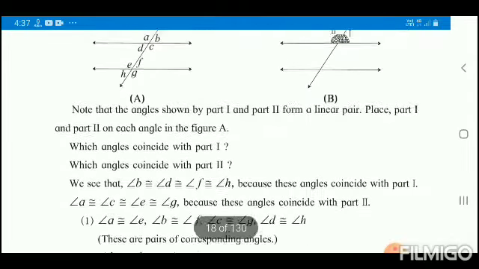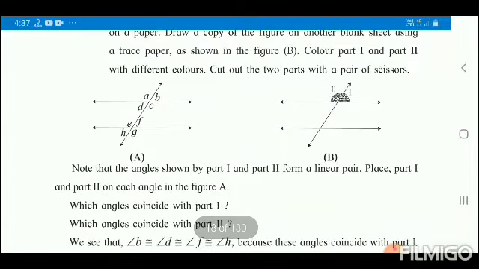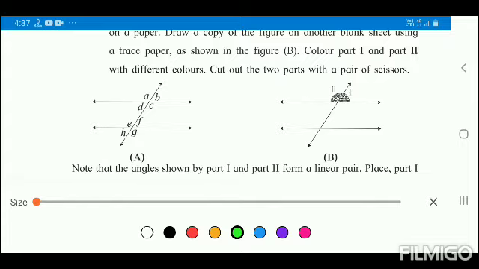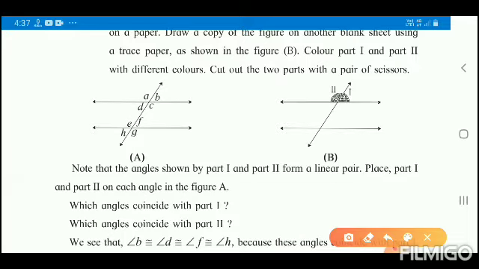Now, in my previous video, I told you about the pairs of corresponding angles, interior angles and alternate angles. There are two types of alternate angles, interior alternate angles and exterior alternate angles.